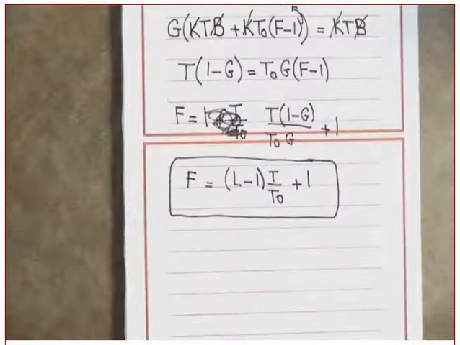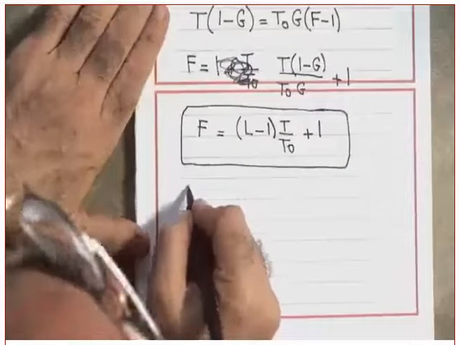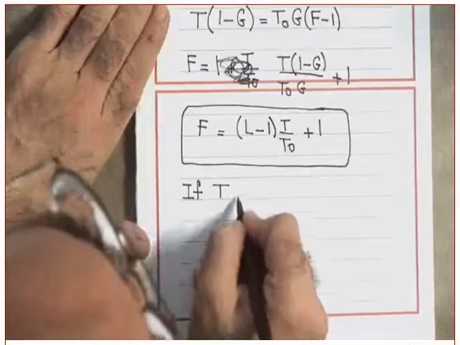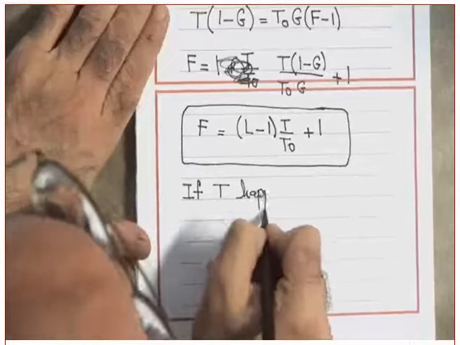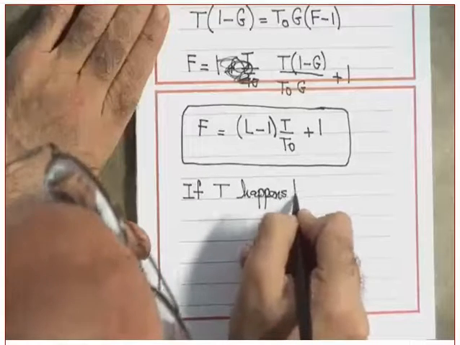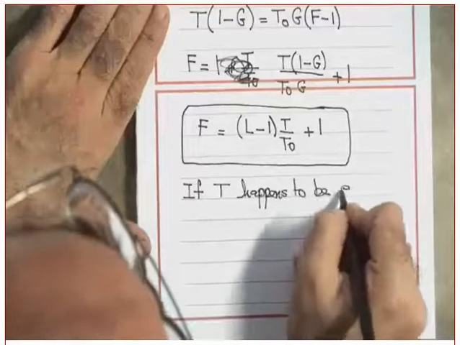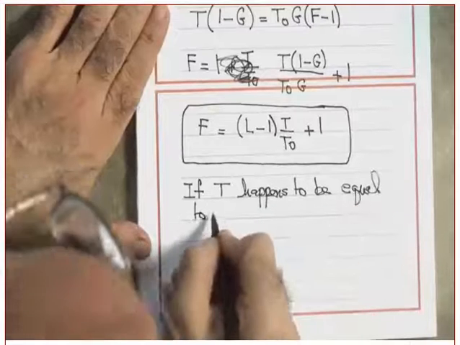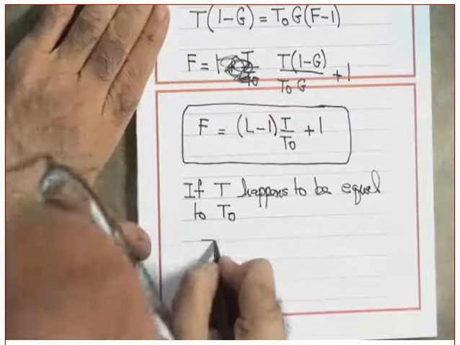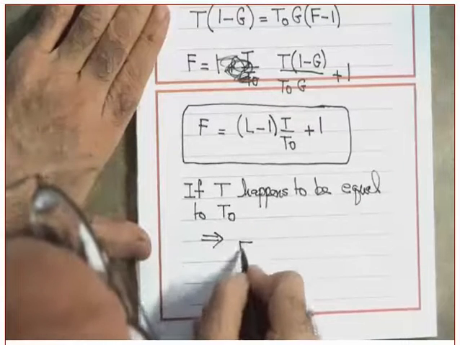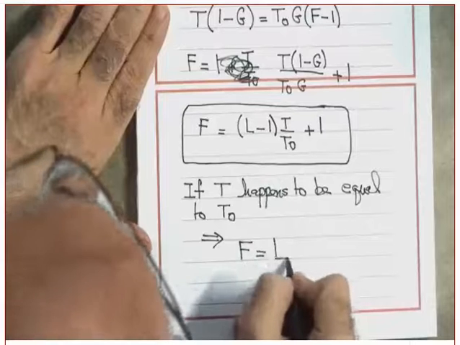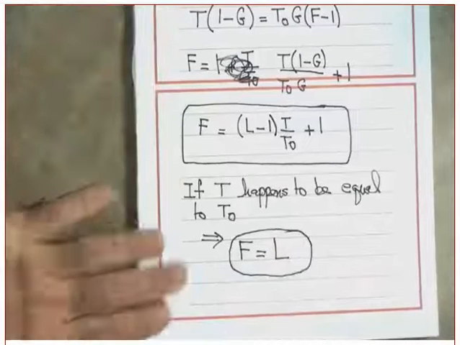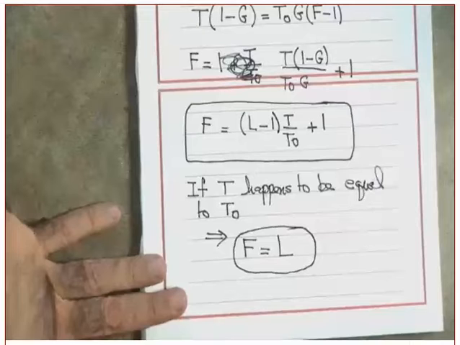Clear? Now, let me write one statement and I will get back to you. If T happens to be equal to T0, what is F equal to? Do you understand that or not?